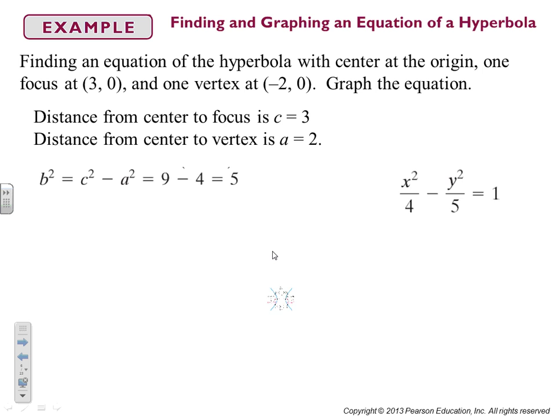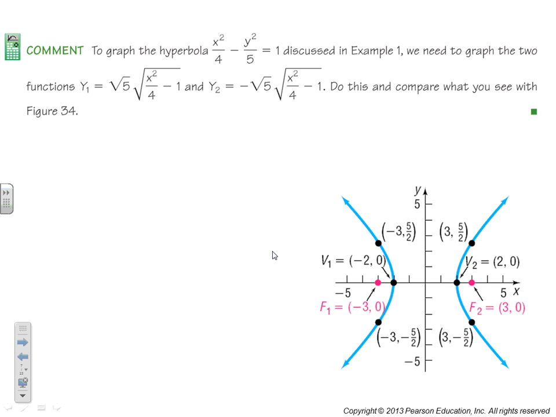With a hyperbola, in order to graph it on your calculator, we need to solve it for y. So we end up subtracting x squared over 4, we multiply by negative 5, and then we take the square root of both sides.